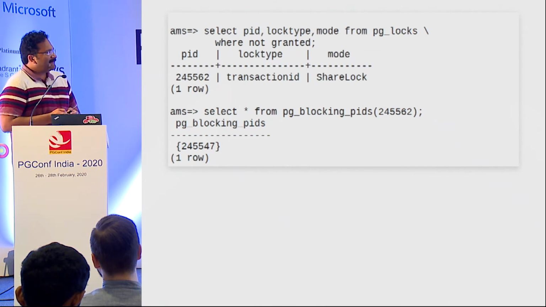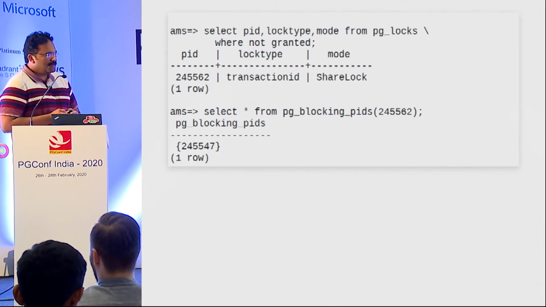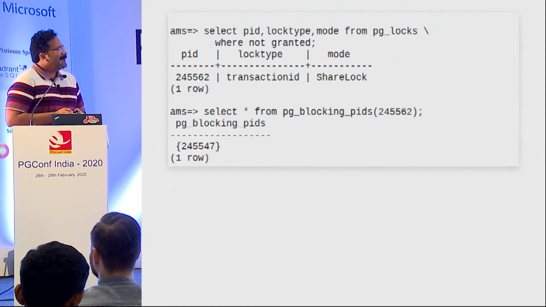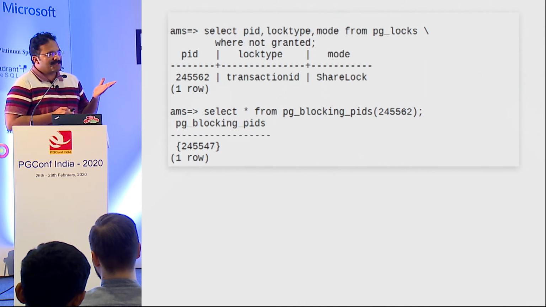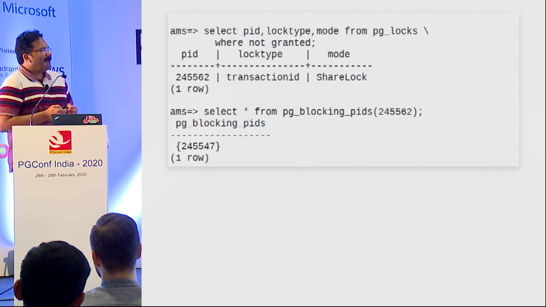So if you have a situation where one backend is waiting for a lock, which means that granted will be F, then you can just select from pg_blocking_pids for that backend, and it'll give you a list of backends that actually hold the locks that this backend is waiting for.